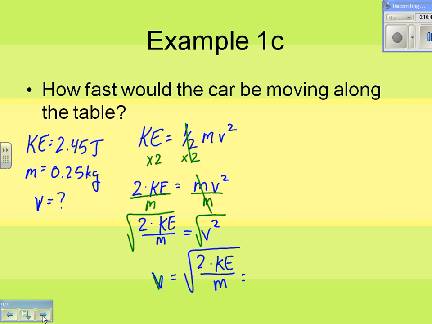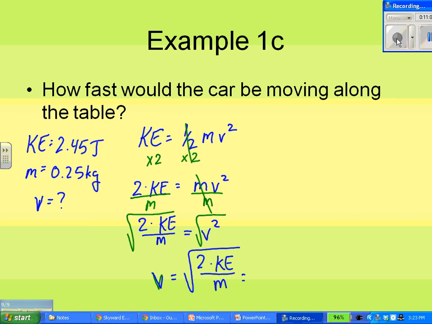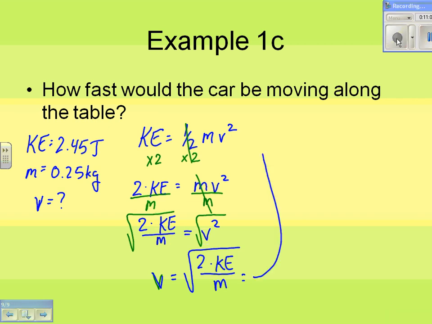It's very important that you figure out what's inside the radical, the square root sign, before taking the square root. So we actually have to take 2 times the kinetic energy divided by m first, figure that out, and then find the square root. So let's do that.